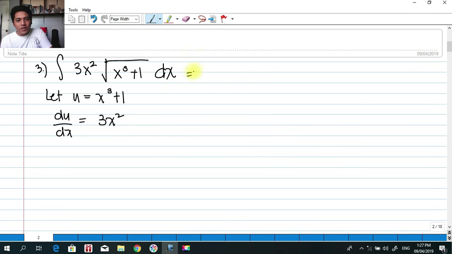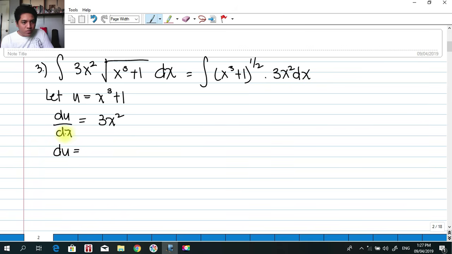So we can rewrite this as the integral of (x cubed + 1) raised to 1/2 times 3x squared dx. If we cross multiply du/dx with 3x squared, we get 3x squared dx. So we can simply substitute this as du, and x cubed + 1 as u.